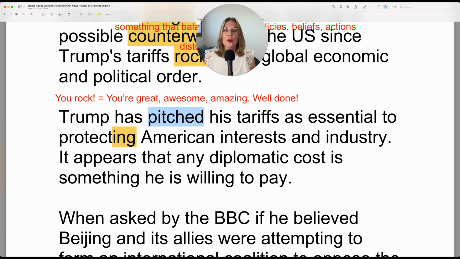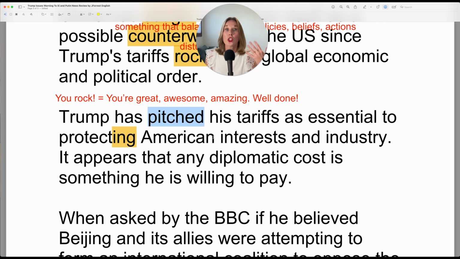And here, the verb pitch. If you pitch something, so you pitch an idea. Originally, this was just an idea in Trump's head. What if we introduce massive tariffs? That was an idea, right? Now, if you pitch an idea, it means you share your idea in a way to convince other people.